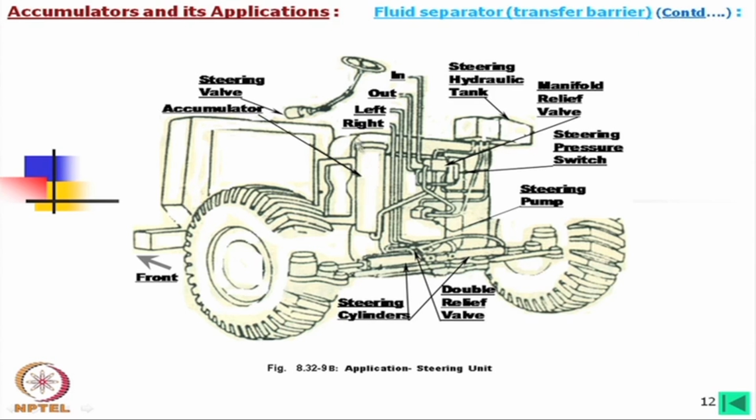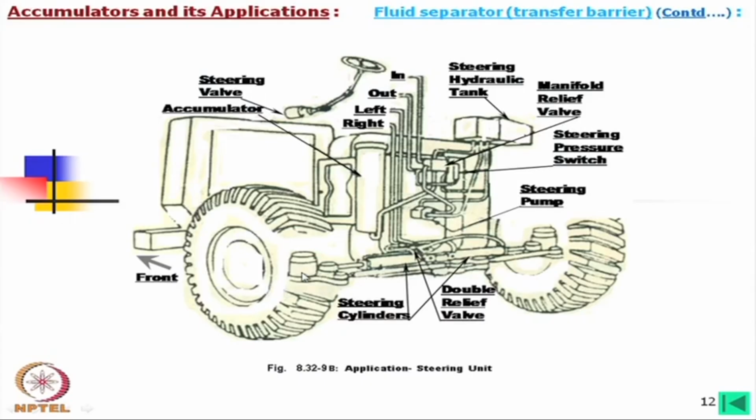Now, if we think of the steering, normally what we do, suppose we are trying to turn the car or any vehicle, we move this one, then the steering system which is fitted to the wheel hub of the steering wheels rotates the wheels to a position. Now, the actual force required is much more than the force we are applying.